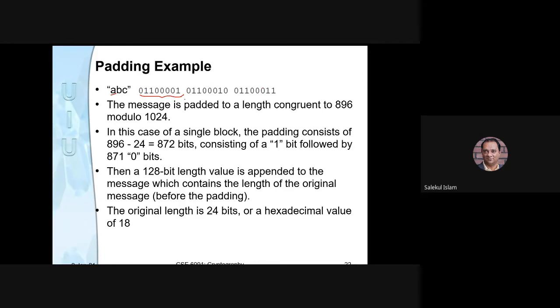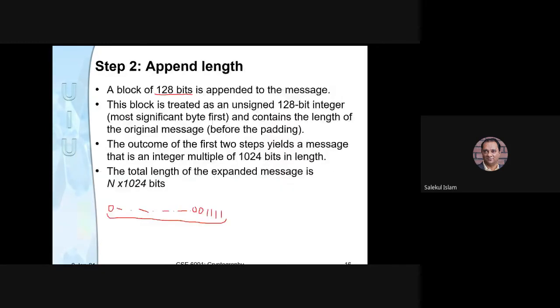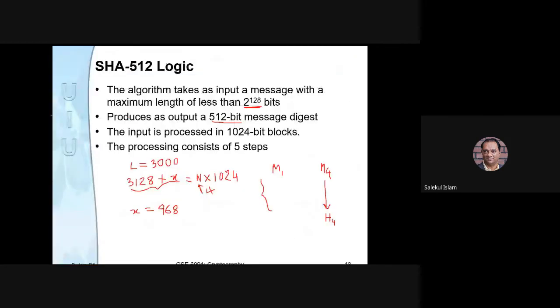So what is the length of your message? 8 plus 8 plus 8. So the length of the message is 24. So you have 24 in your L, and if we go back to our simple equation, L is equal to 24, 24 plus 128, then capital N will be equal to 1.